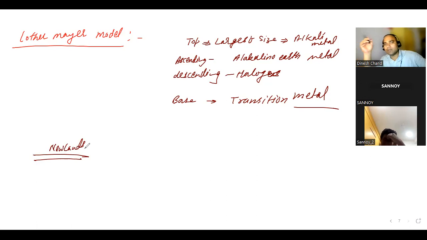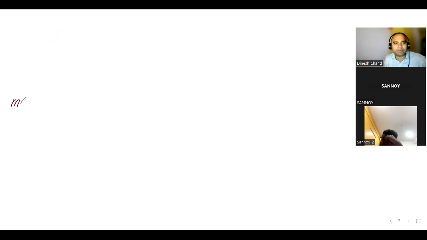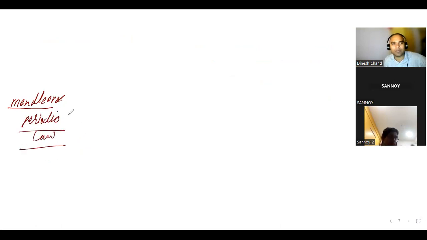Now, this model is not that important. Let us talk about Mendeleev. Kindly tell me Mendeleev's periodic law. Then we will study some more.